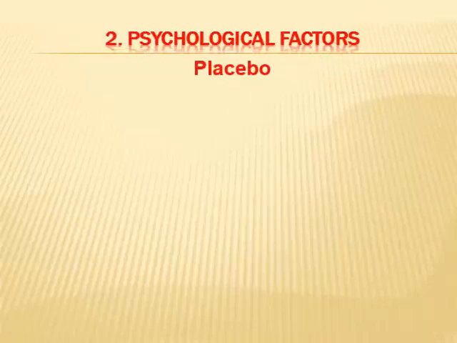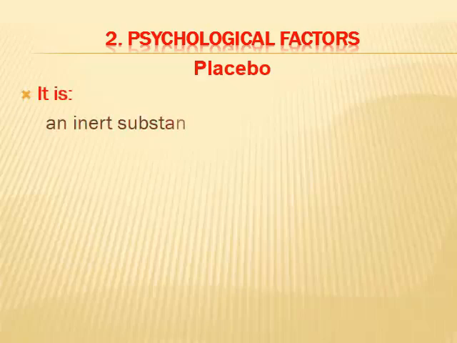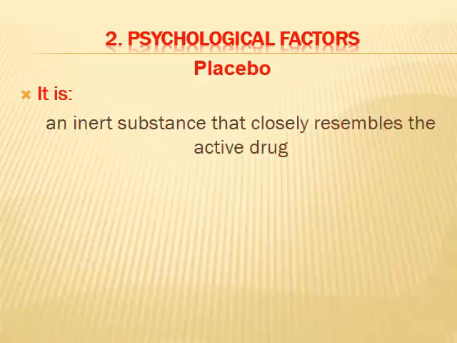The second one is the placebo effect, which is related to the psychological effect of the drug. A placebo is a pharmacologically inert chemical substance, which is prepared in a dosage form that is very similar to that of a well-known active drug.